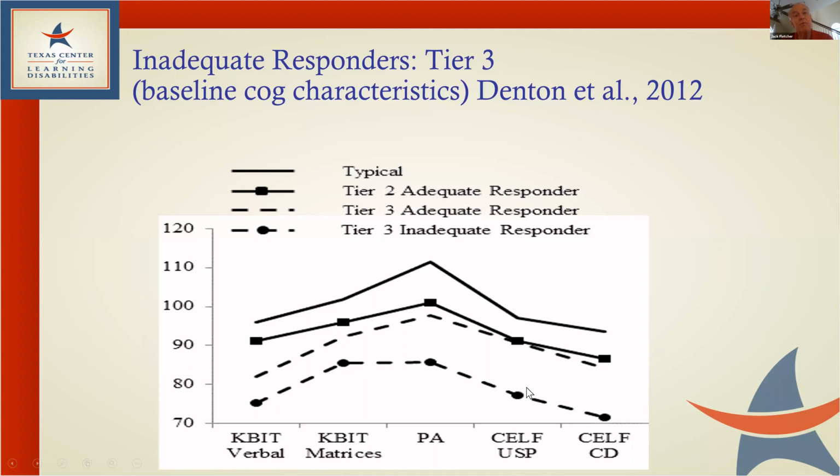These kids have very pervasive academic language deficits. Again, it's phonological awareness that accounts for the differences in these profiles, along with vocabulary. But the reason these are up and down is because of differences in the normative sample.